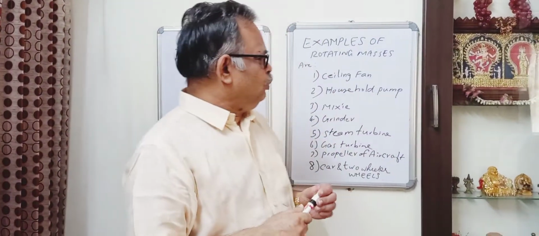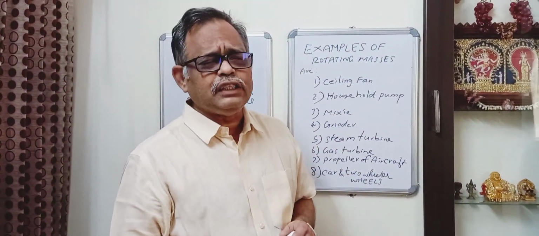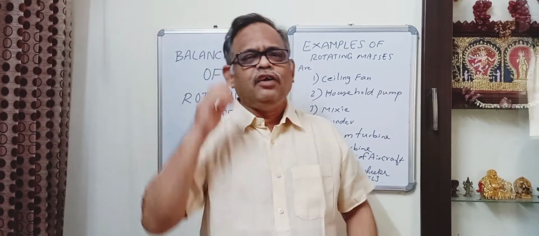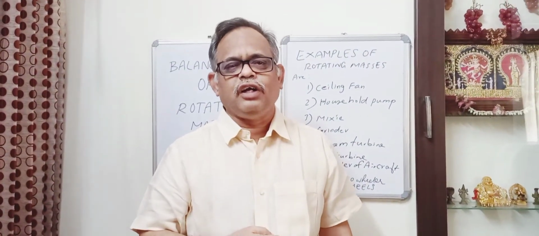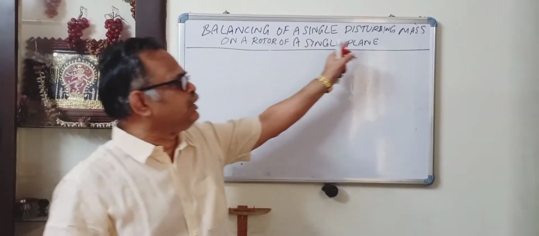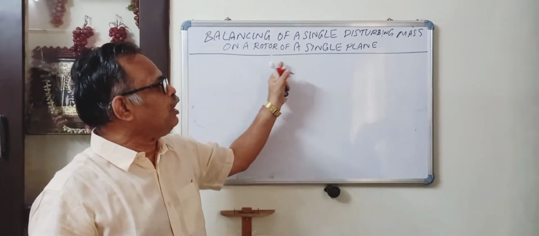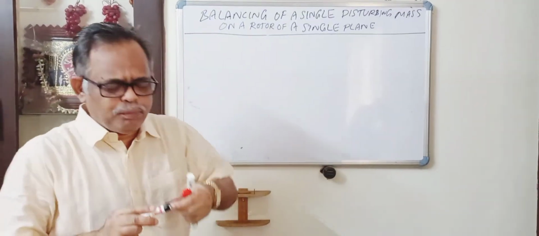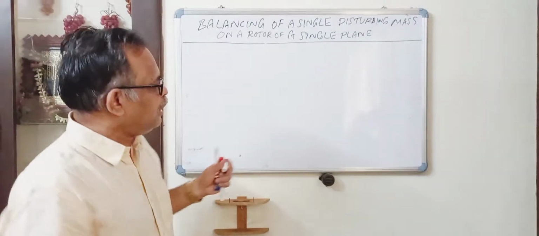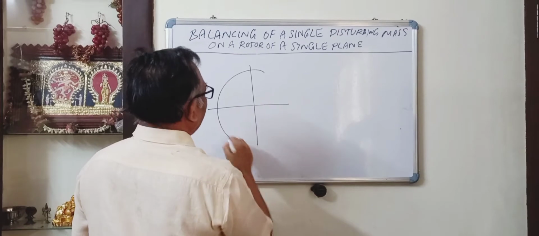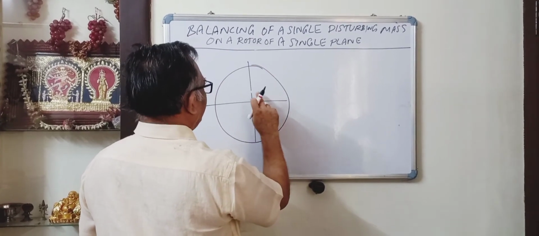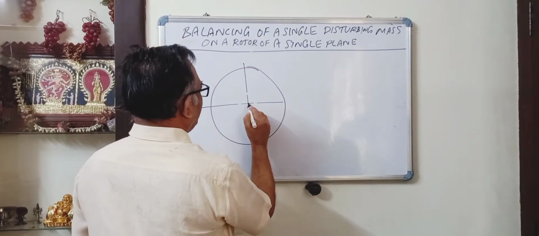So now I will take the simplest case, where there is only one disturbing mass in a rotor, a single plane rotor, and I will tell you how it can be balanced. This is balancing of a single disturbing mass on a rotor of a single plane. Let us assume there is a rotor like this, and this is the center point of the rotor.